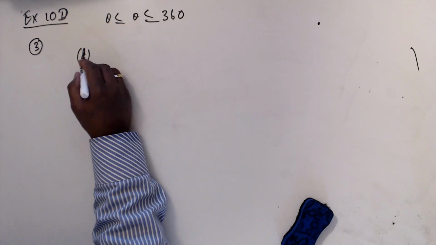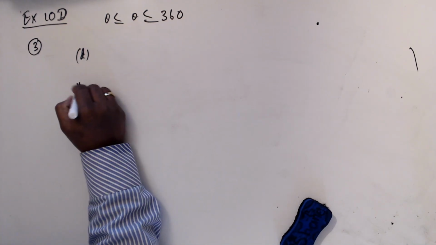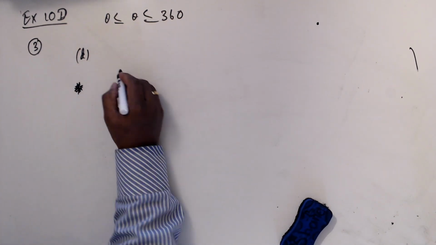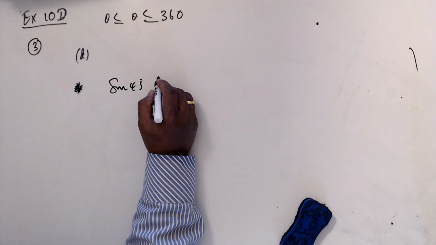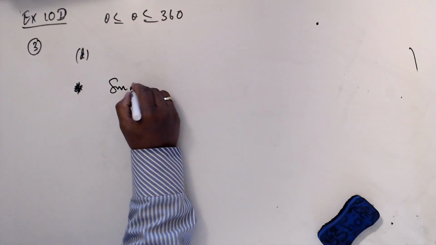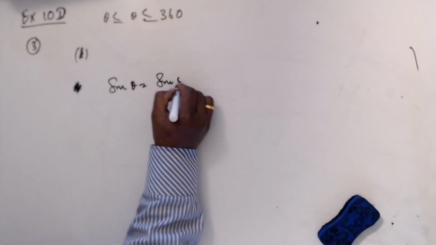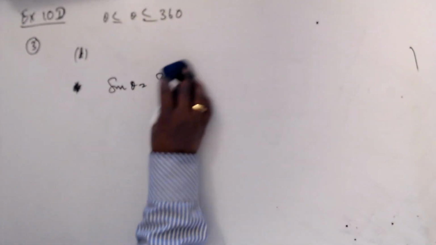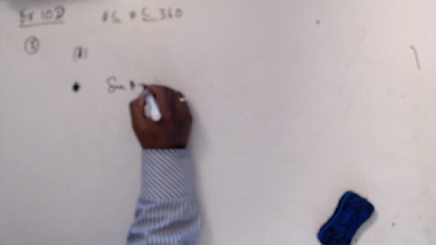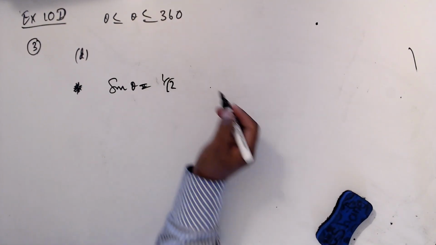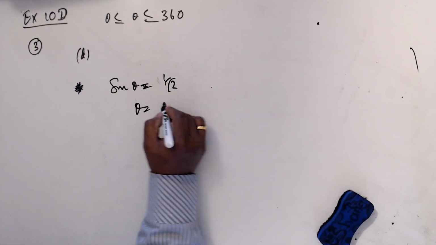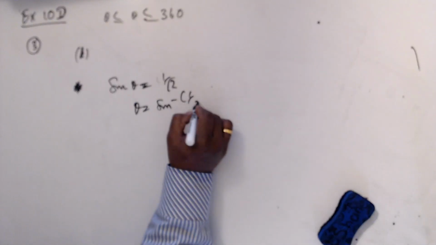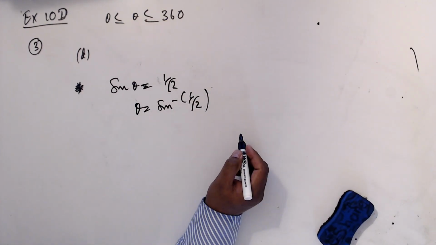Question 3D. Before we start, I would like to discuss something. Assume that sine theta equal sine 45, 1 over square root 2. Then we write theta equal sine inverse 1 over square root 2.